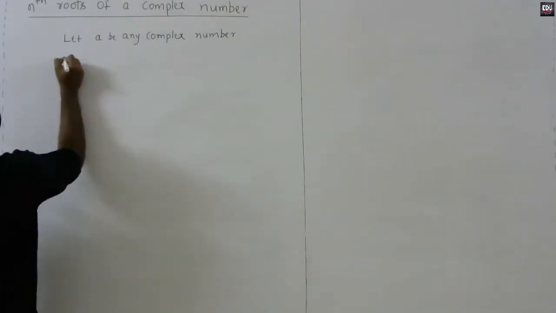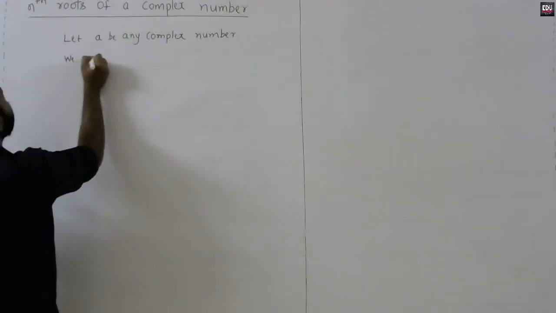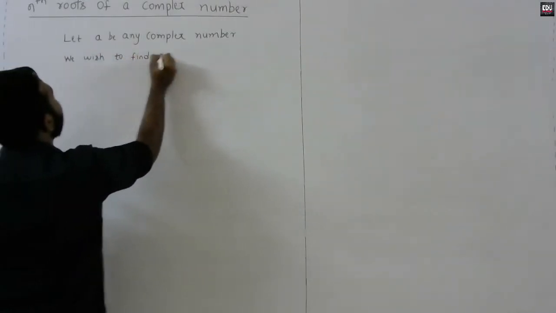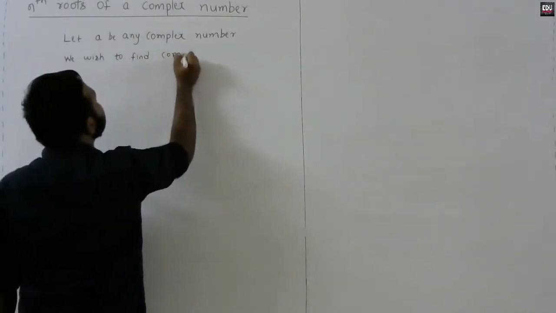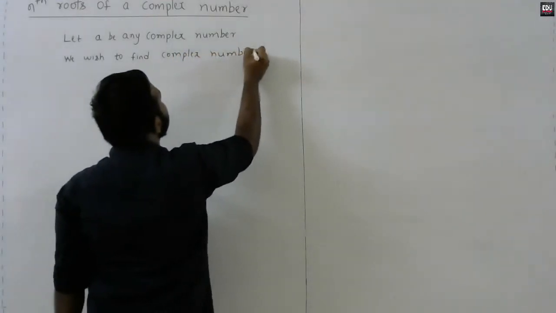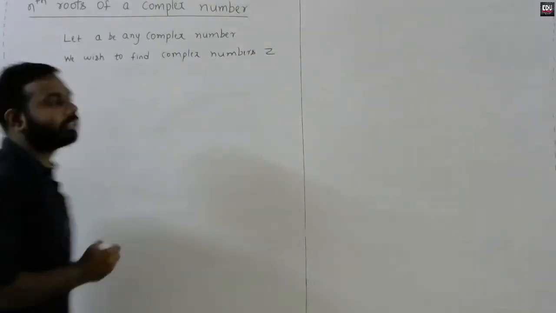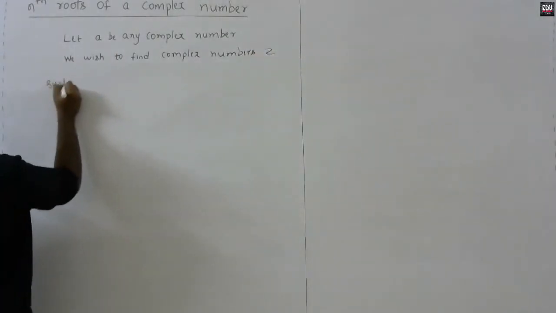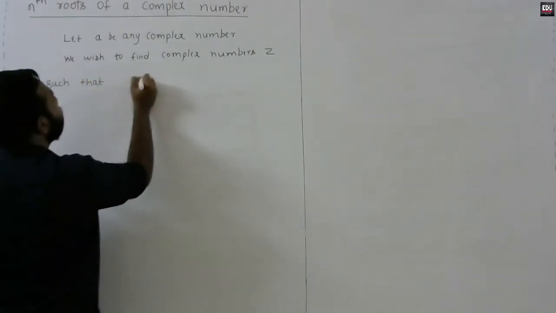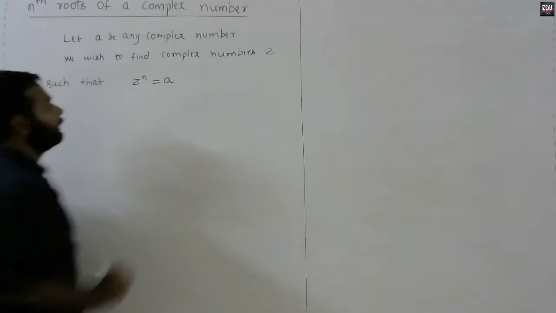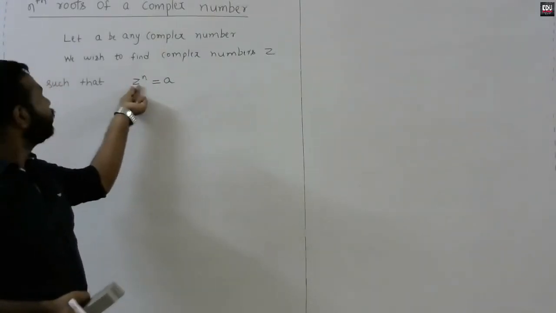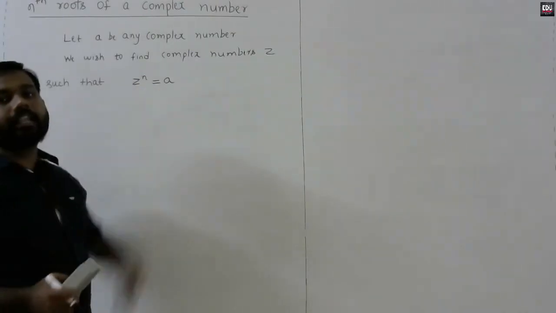That means we wish to find complex numbers z such that z power n has to be equal to a. So now we are going to find numbers whose nth power is the given number.